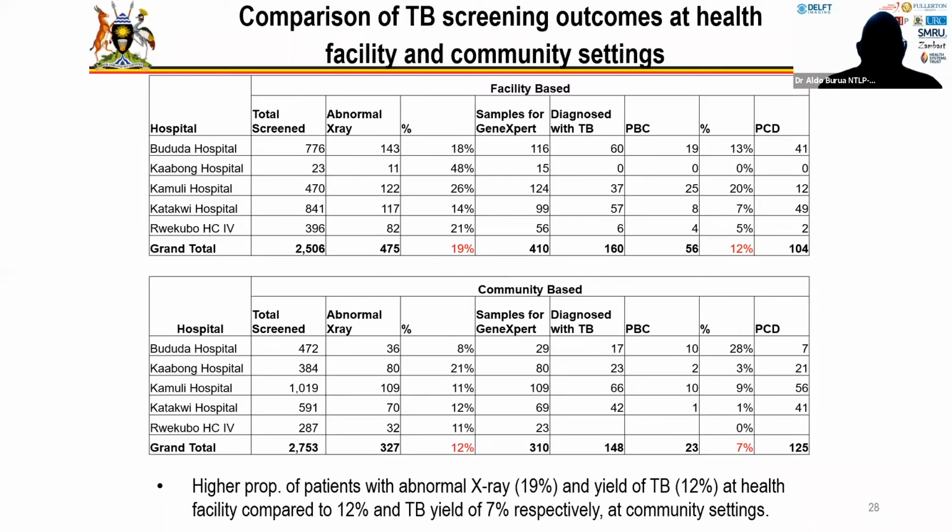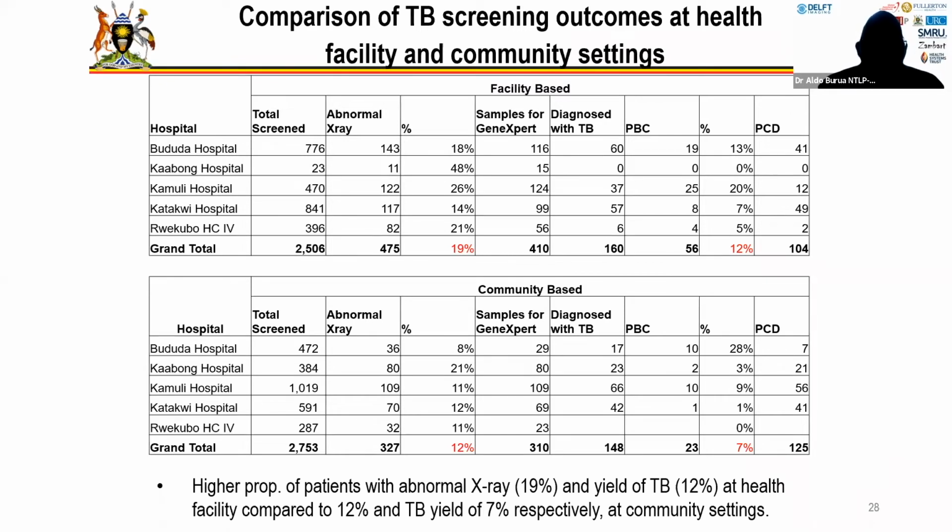But when you look at the community level, we screened a total of 2,753 patients. All these 5 hospitals are listed here because the equipment was picked from the hospital and taken to the community. So the data from the community was reported under the hospital where the X-ray machine is placed.